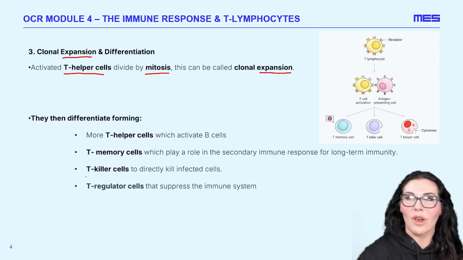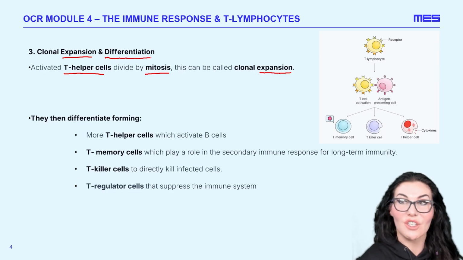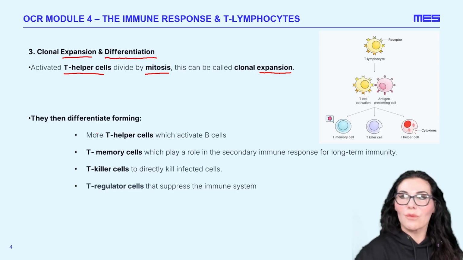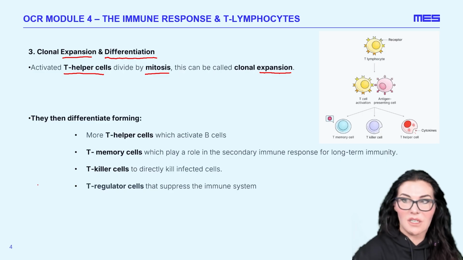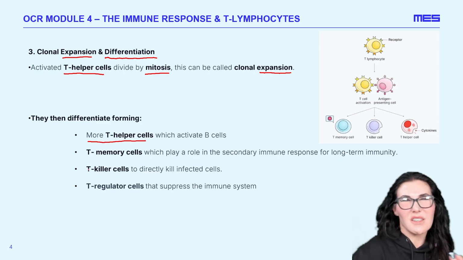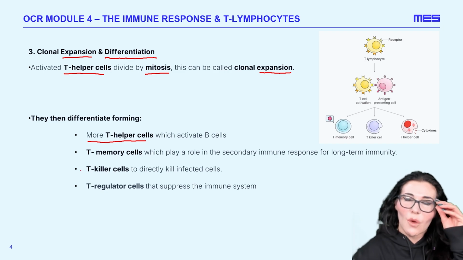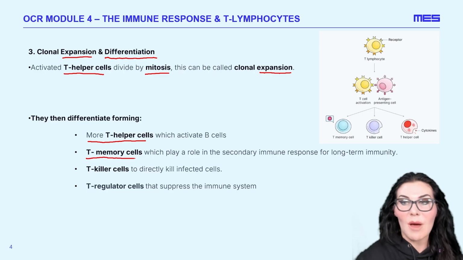We call that clonal expansion. But there is a little bit of differentiation that goes on here, because you don't just get more T helper cells of that particular type, we also get a slight differentiation process going on during clonal expansion, which leads to T memory cells, T killer cells, and T regulator cells.